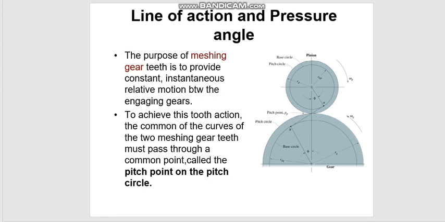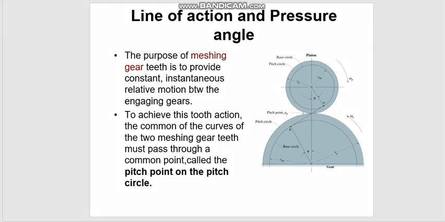As mentioned earlier, the power is being transmitted from driver to driven gear. Sometimes they call it gear and pinion, by means of meshing of the teeth of the gear system. So we want to look at the line of action and pressure angle during the meshing between the driver and driven gear system.